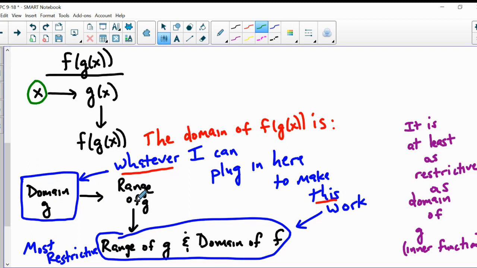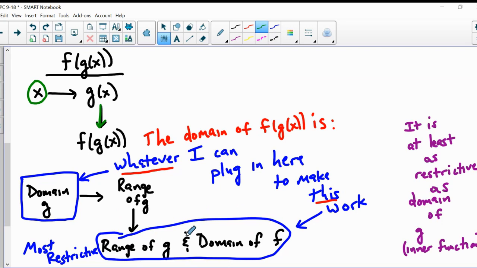Then the range of the first gets plugged in to f, or the outside function, and then I have to look at the range of the inside and the domain of the outside. And it has to be the most restrictive of these two things.